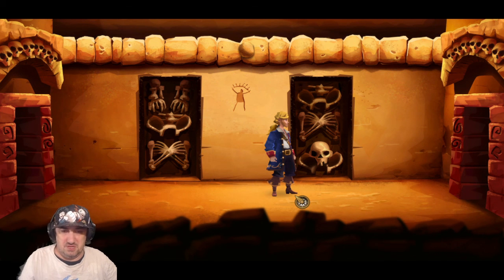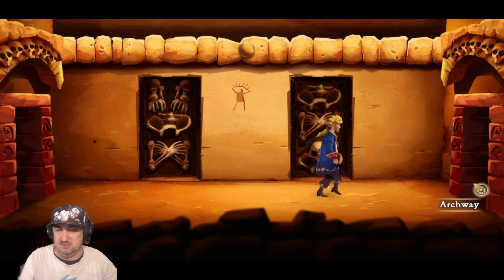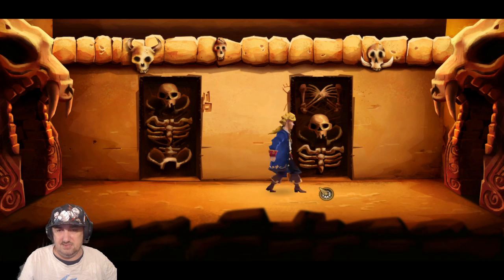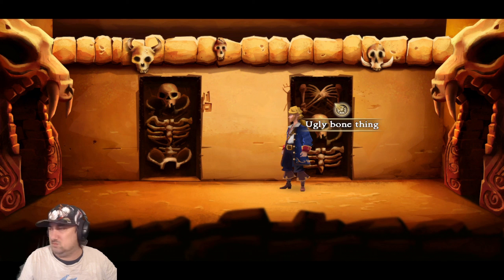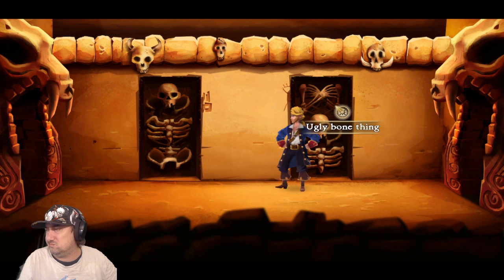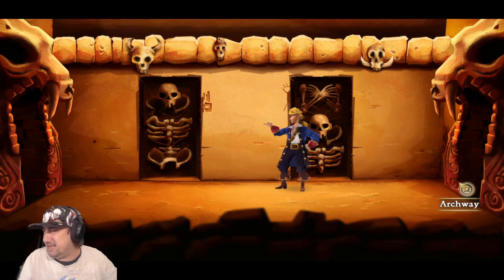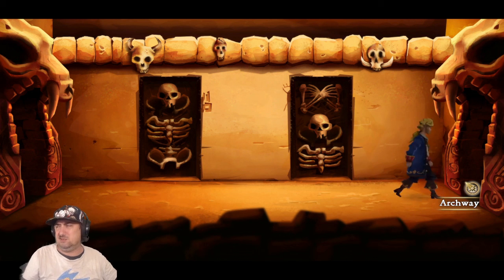Leg, hip, arms. Leg to hip. Leg, hip, arms.